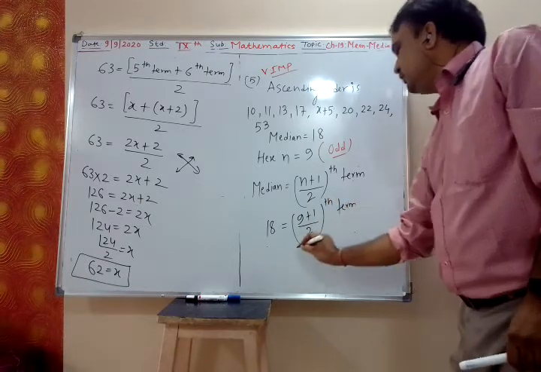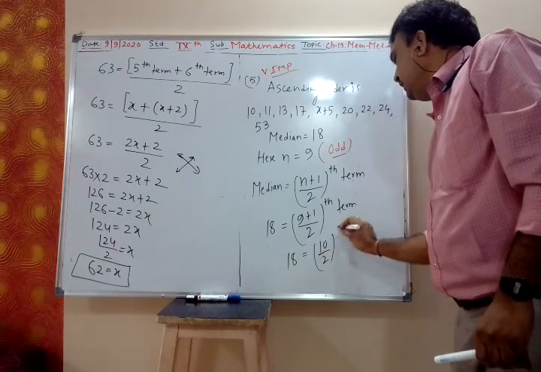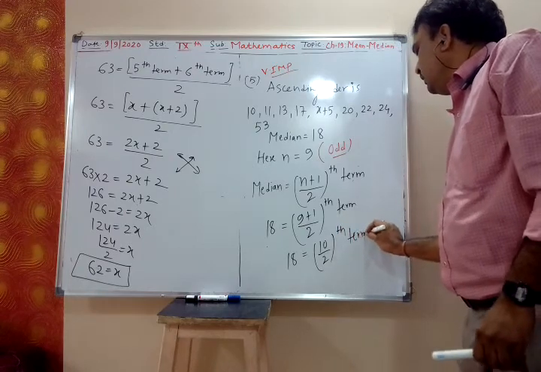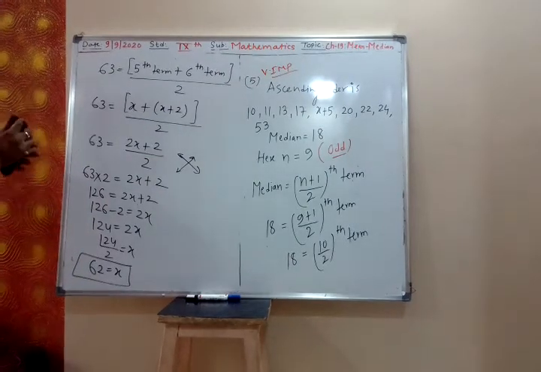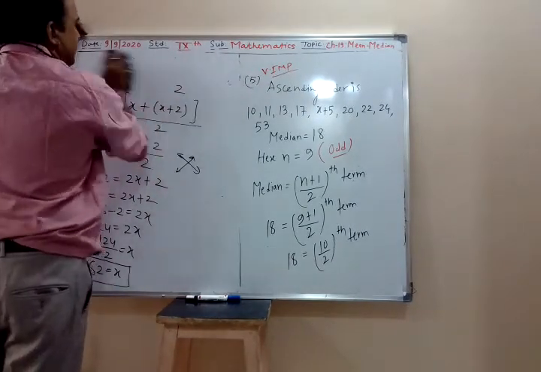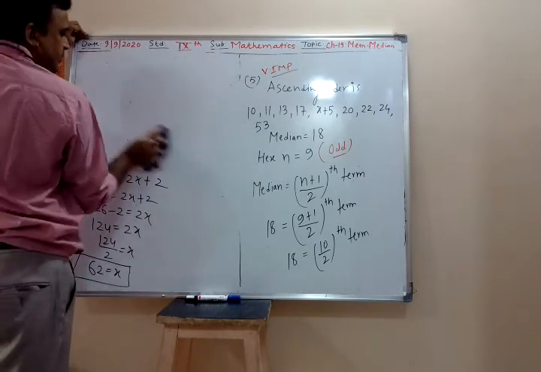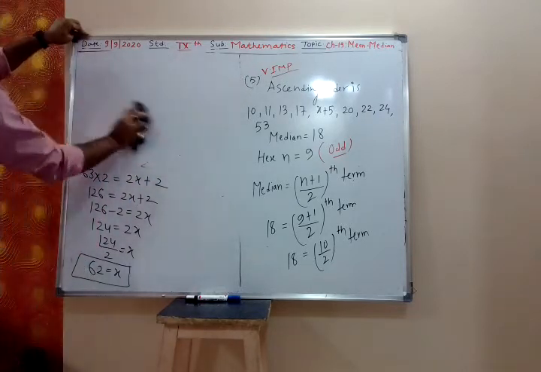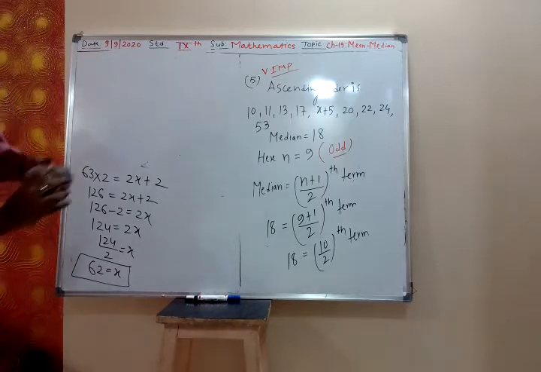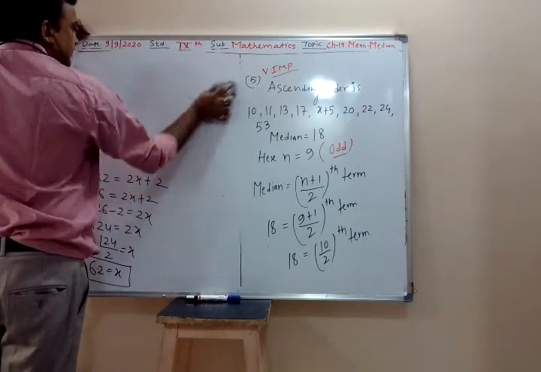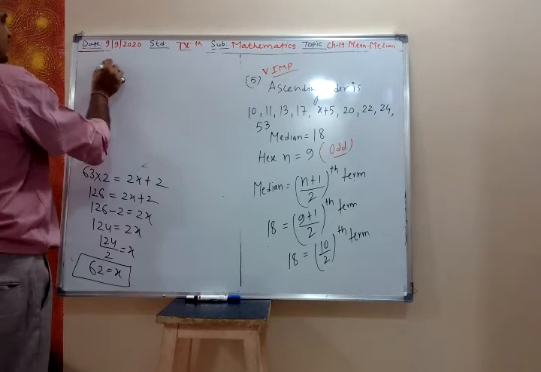So 18 is equal to 9 plus 1, that is 10 upon 2th term. So 18 is equal to the fifth term.